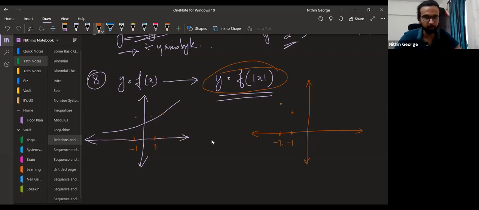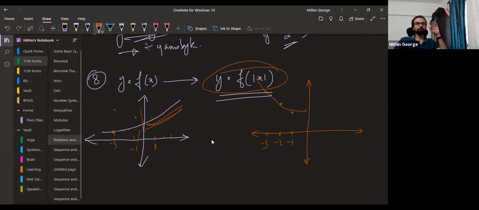Are you understanding what's happening here? If I put f of minus 3, y equal f of minus 3 will be here. But when I say f of mod x, f of mod minus 3 is f of 3. So this value will come in place of this. So I'm getting this one's mirror on this side.